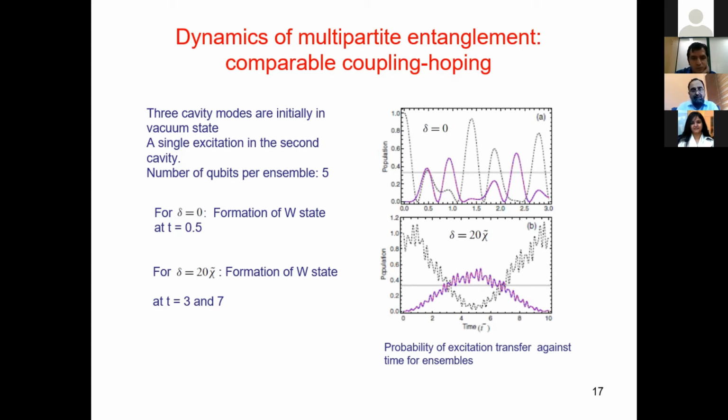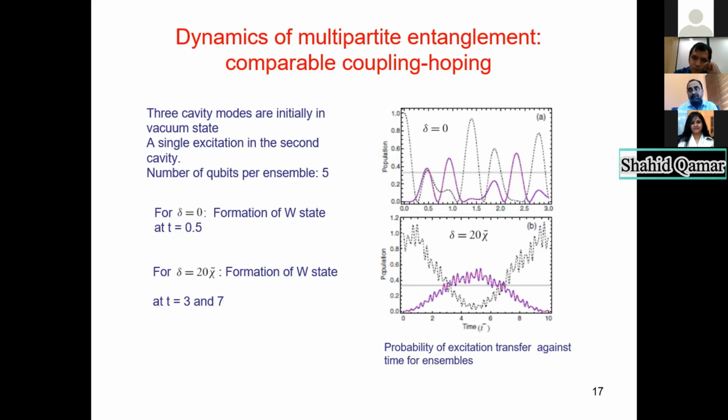One more thing which we must notice is that this system will not exhibit entanglement for any value of time, right? At some time, the system will become entangled. That is something very, very interesting. So if we are doing an experiment interested in the W state, we need to take care of that particular time.